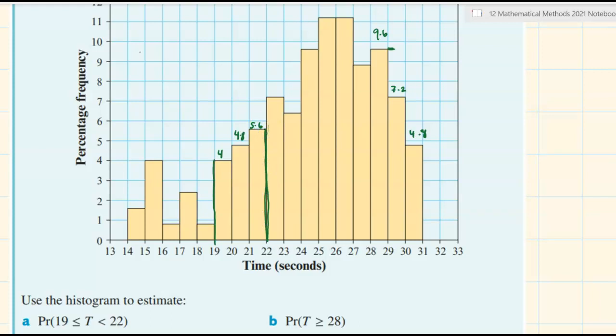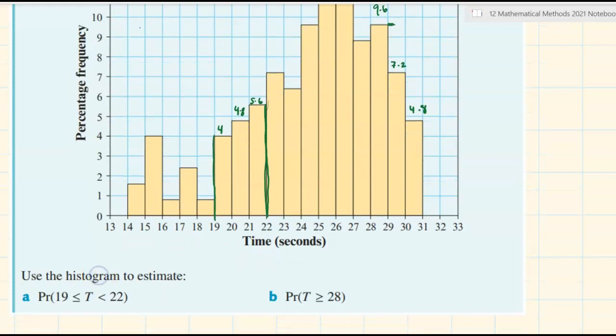So I put the numbers in there, or Miss Kinnear put the numbers in there. So what would you do to find the probability of it being between those three? What would we do? Add them, because when we do that integration, we're just finding the area under the curve.